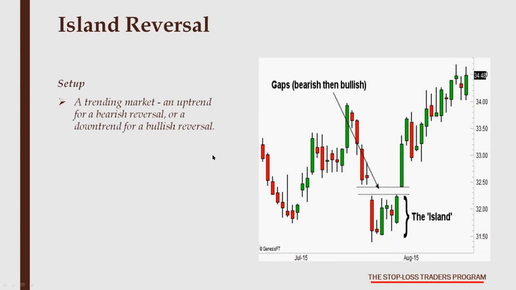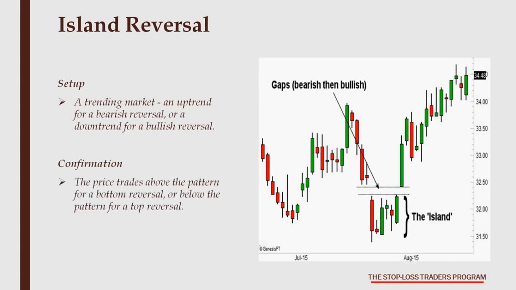And it is a very, very rare price action structure, friends, and it is going to have a lot of significance. And it is so bearish or so bullish that the confirmation is actually not required. Price is anyway trading above the pattern. This is basically a bottom reversal or top reversal pattern.